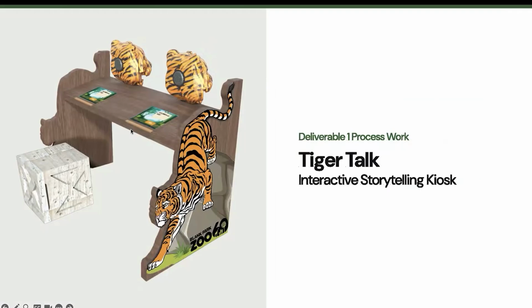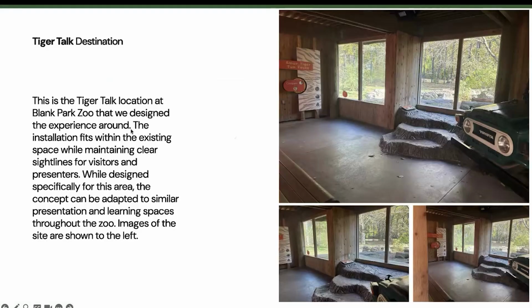The first major design proposal was Tiger Talk, a site-specific interactive storytelling kiosk designed for the zoo's tiger exhibit. The kiosk features a bench-scale structure with embedded tablets and animal-themed physical elements, including tiger-shaped speaker housings and interactive surfaces.